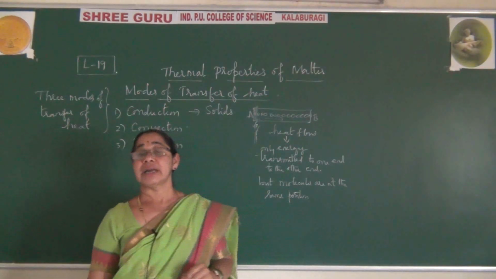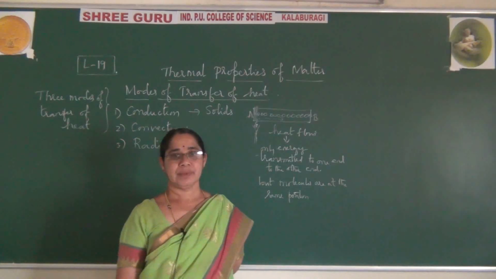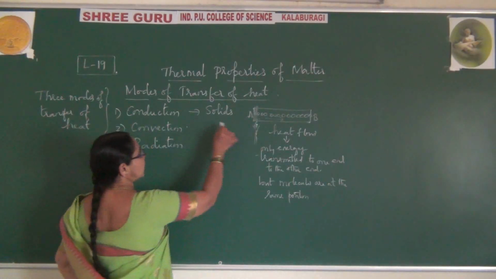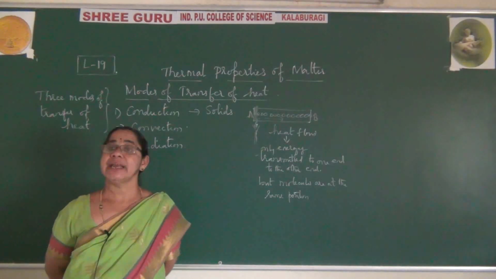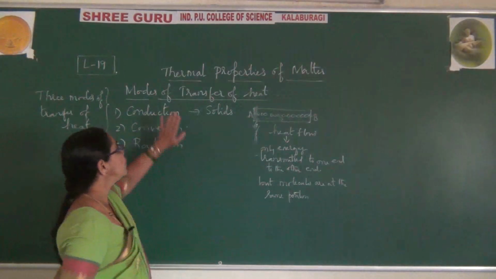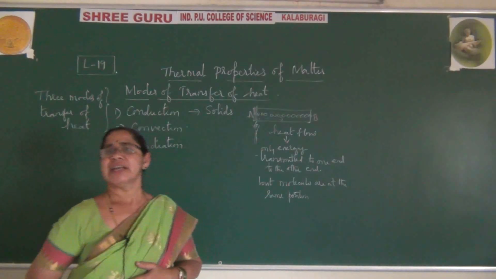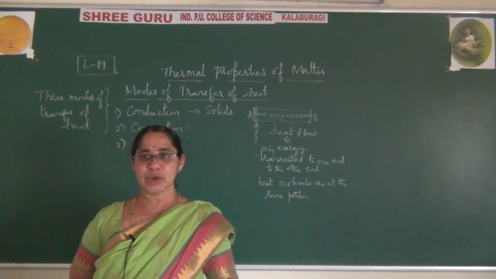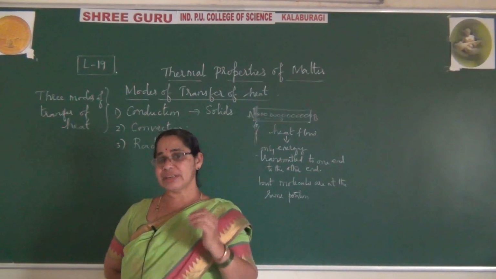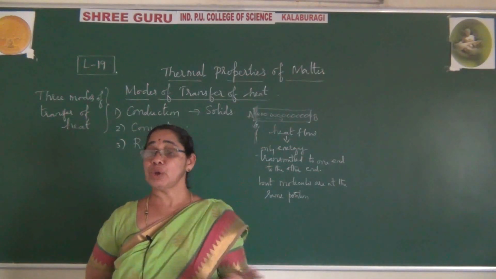This is how conduction takes place. Hope you understood how conduction takes place. Conduction is one of the methods of transferring heat. We explain this by looking at water. You already know very well, water always flows from a higher level to a lower level.